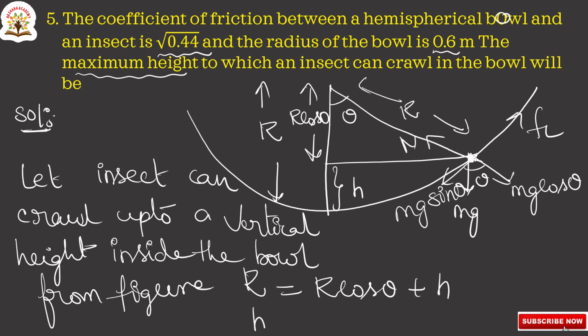Now h can be written as r minus r cos theta. Taking r as common, h is equal to r of 1 minus cos theta.